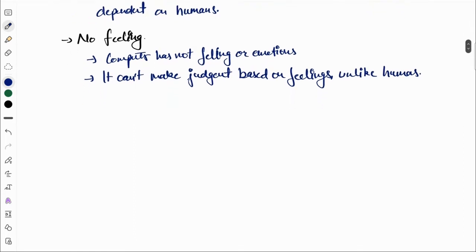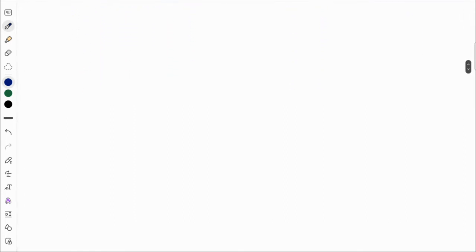Next topic is application of computers, where we can use computers. We will discuss the application of computers in various fields.